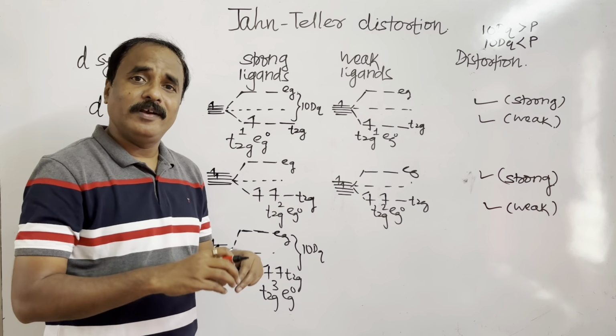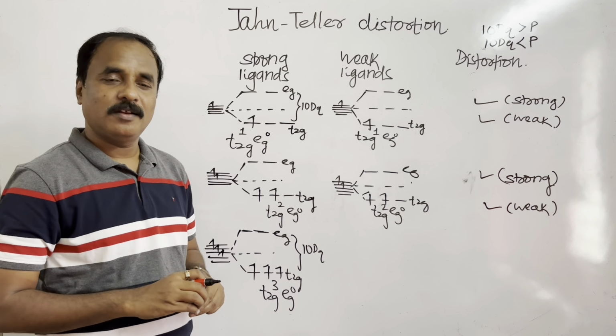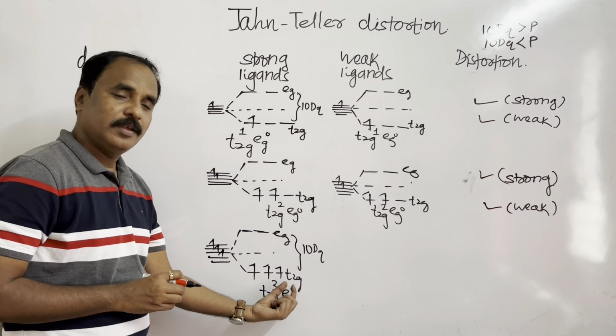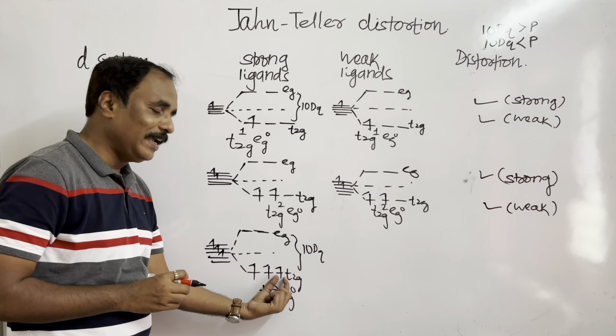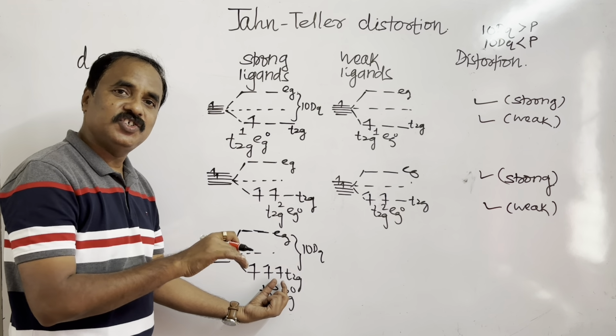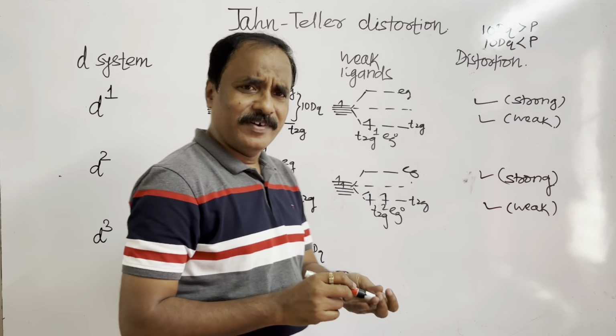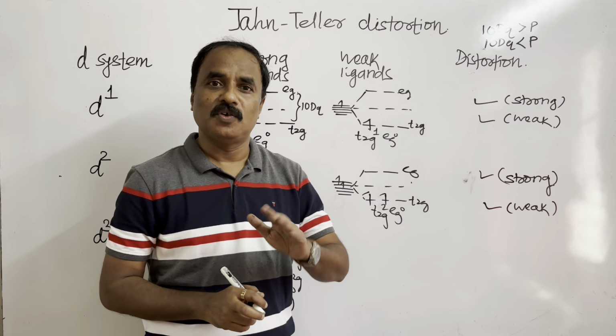When there is attack of strong ligands, when system is d3, it gives symmetrical electronic configuration. In t2g, in dxy, dyz, dxz, one electron in each atomic orbital. This is symmetrical electronic configuration. And remember, when symmetrical electronic configuration is there, there is no distortion.